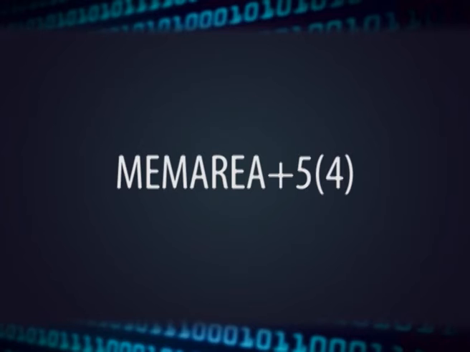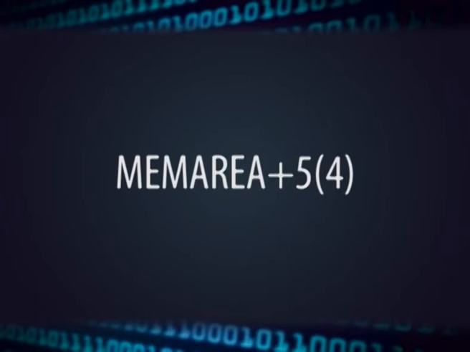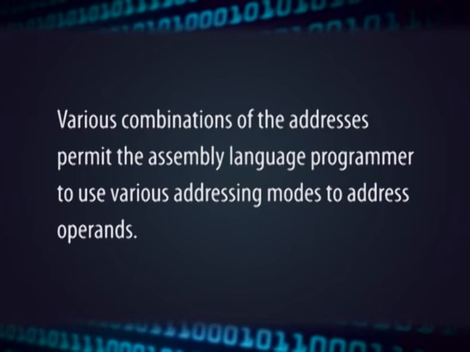That means the operand address is computed by adding the contents of index register 4 to the address of MEM AREA. The operand MEM AREA plus 5 followed by 4 in brackets is the combination of the previous two specifications. Thus, various combinations of addresses permit the assembly language programmer to use various addressing modes to address operands.